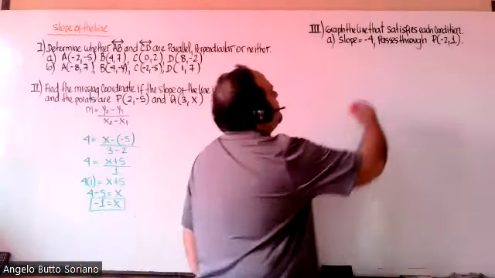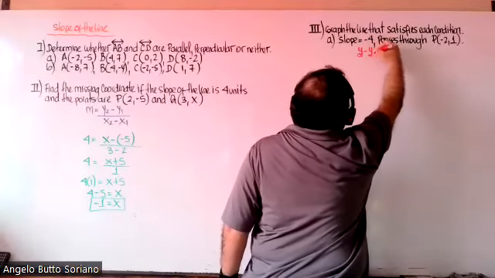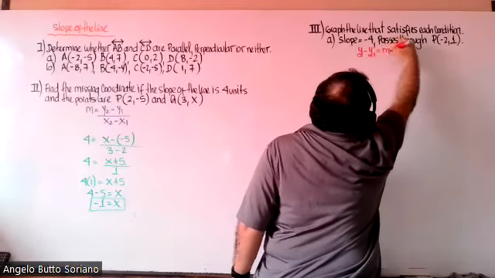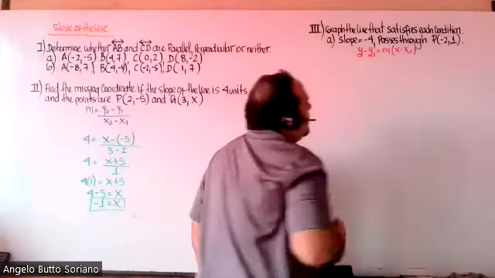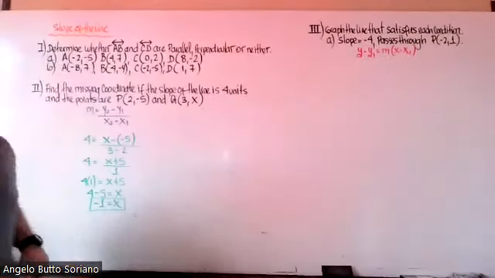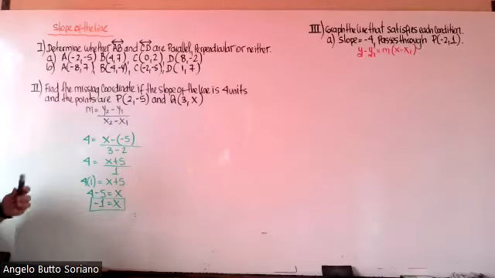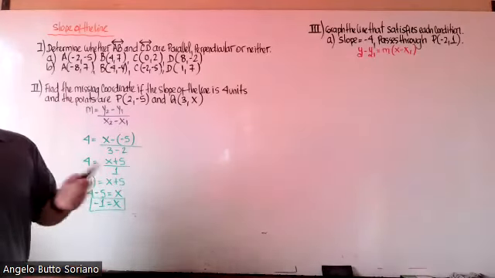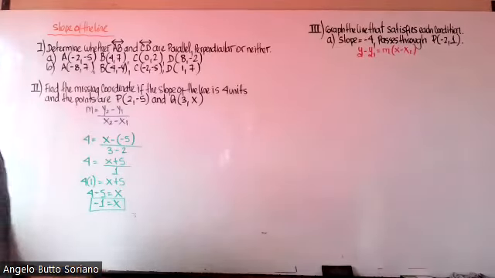The point slope form is given by the following equation: y minus y1 equals m times (x minus x1). This is the formula for the equation of the line. What we're going to do is simple: replace the values of x1, y1, and the slope to determine the equation of the line.